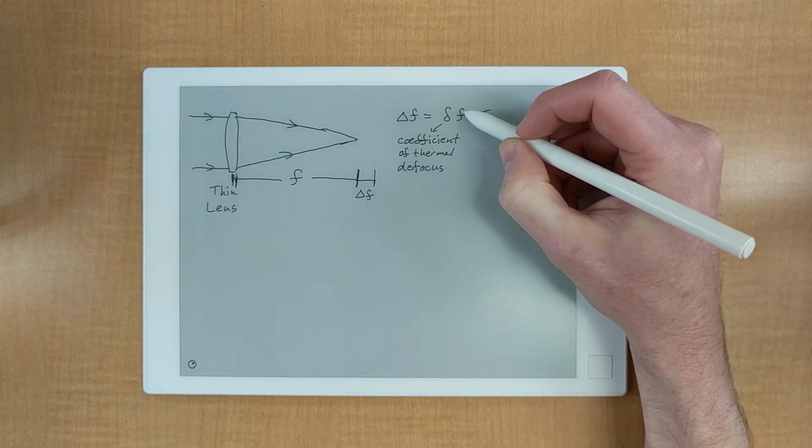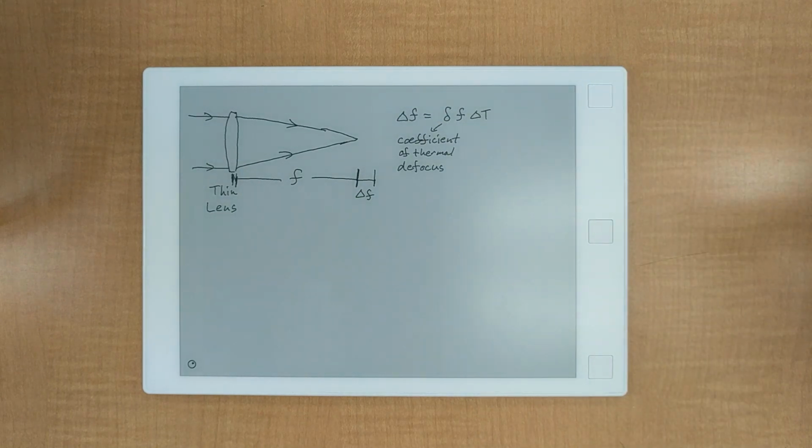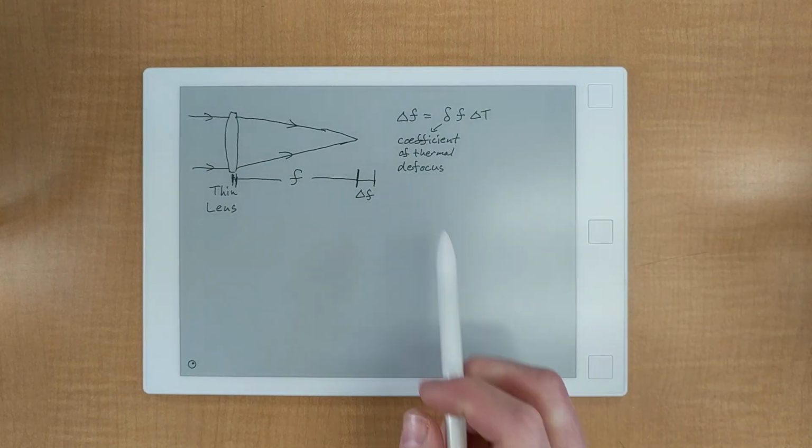F is your focal length, and delta T is your change in temperature.